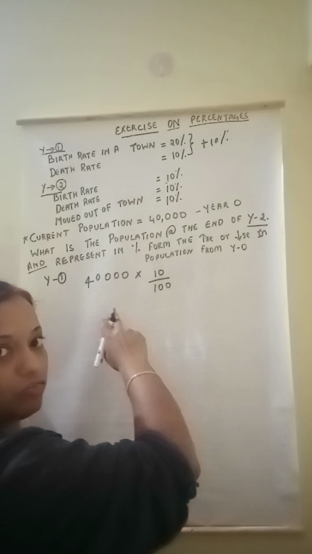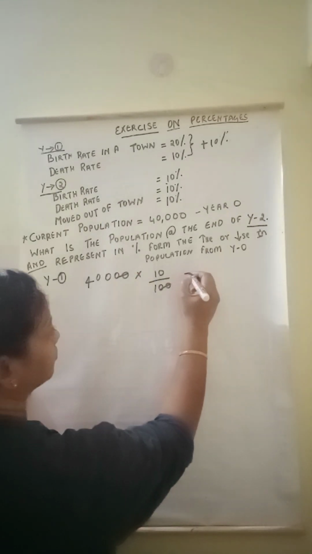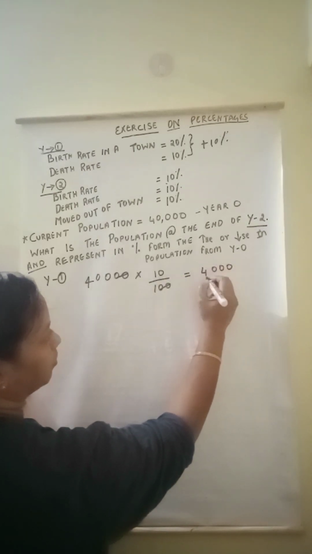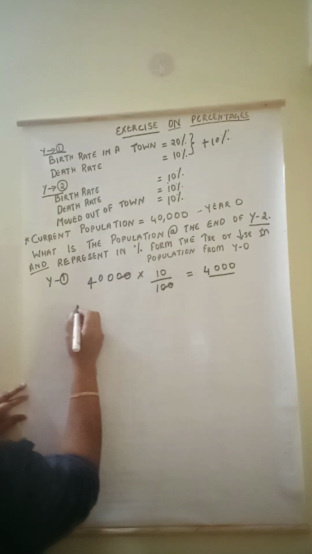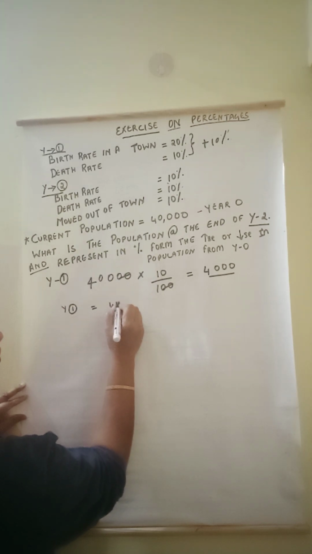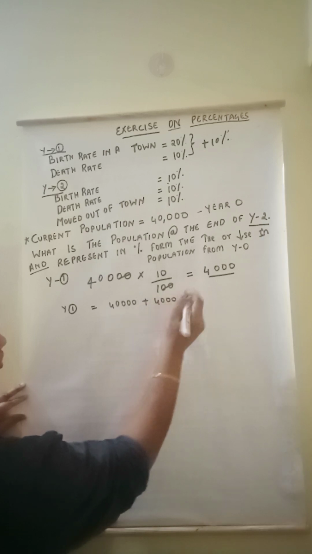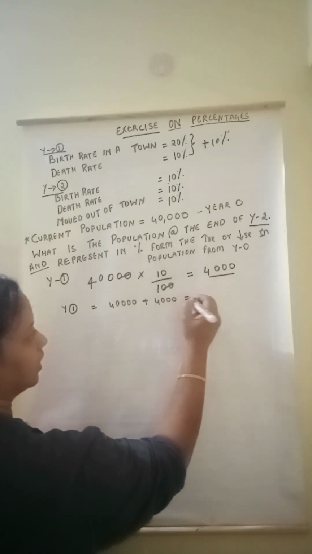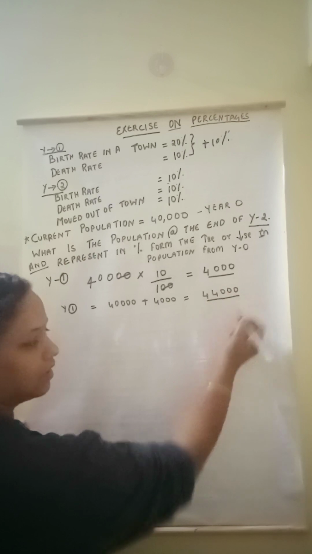So 10% of 40,000 we have to check out. How much will that be? 4 followed by 1, 2, 3 zeros. So the population has increased by 4,000 in year 1. So how do we represent that? Year 1, the population equals 40,000 plus 4,000. 40,000 was the year 0 population plus the 4,000 increase. That makes it 44,000 people currently in the town.